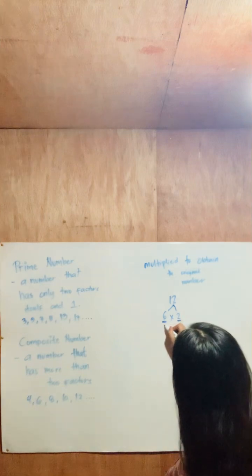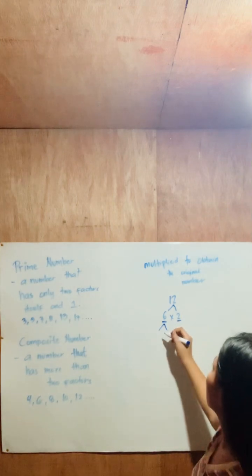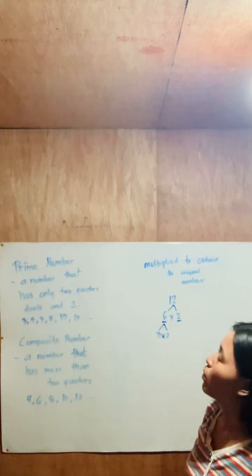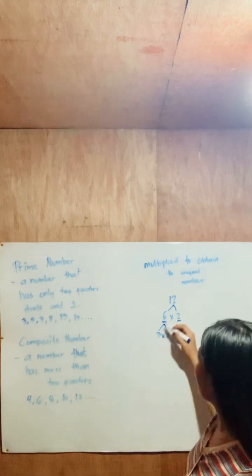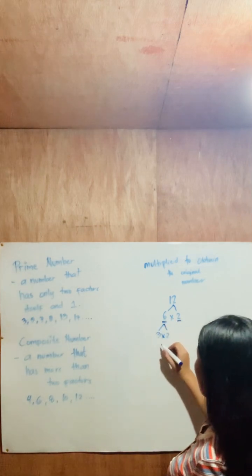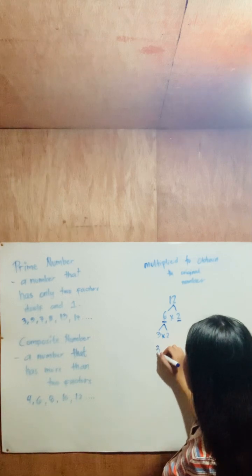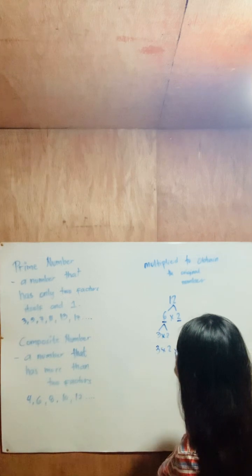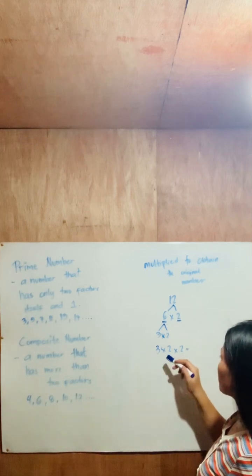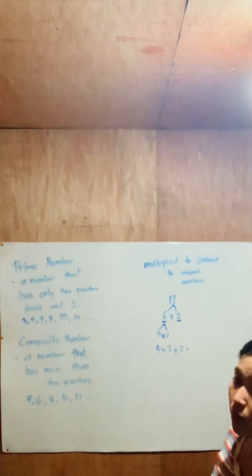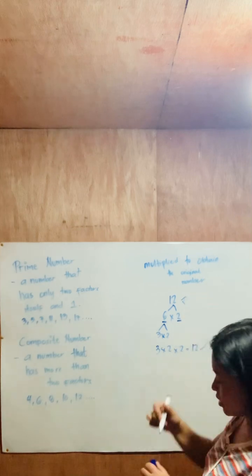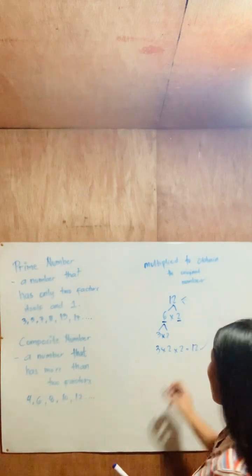We have 3 times 2, so 3 times 2 equals 6. Now let's write it up. We have 3 times 2 times 2. So 3 times 2 is 6, and 6 times 2 is equal to 12. So it is correct.